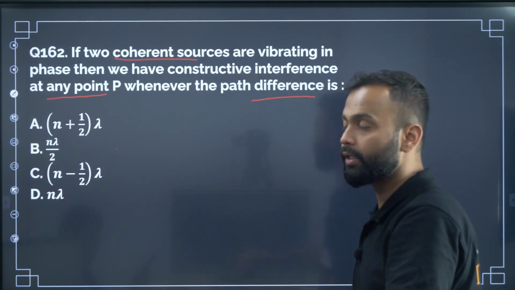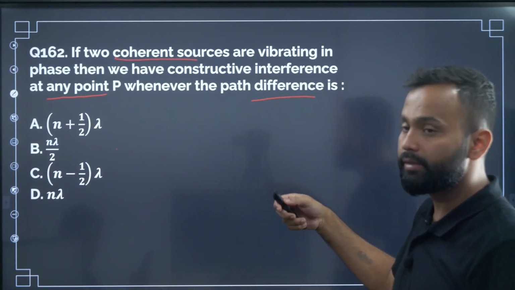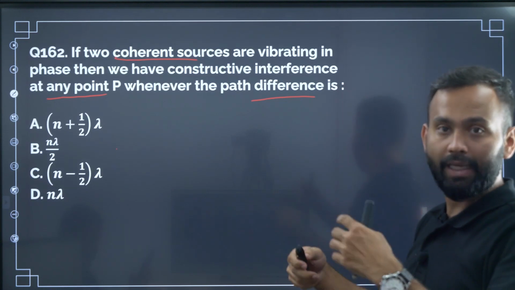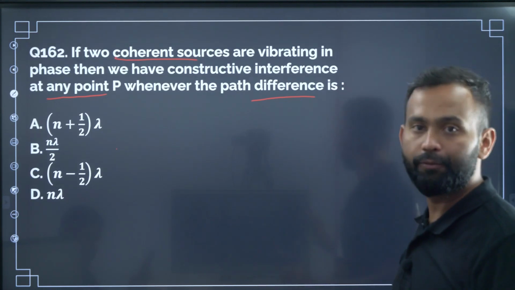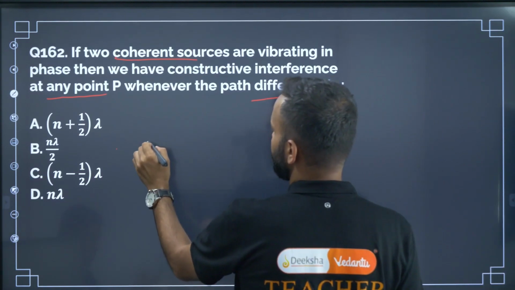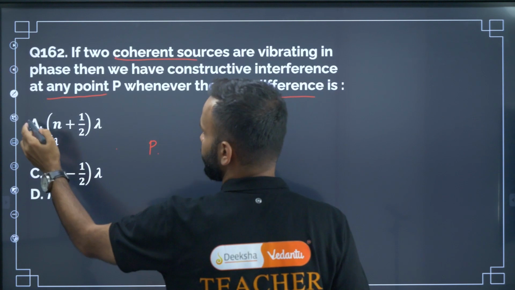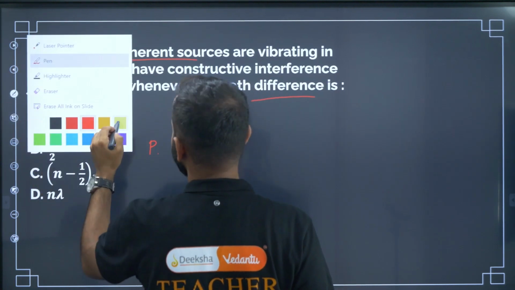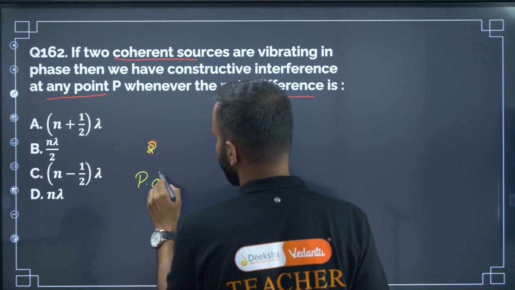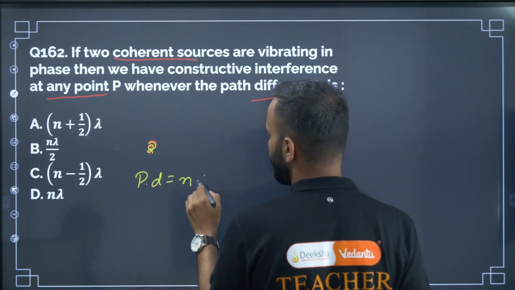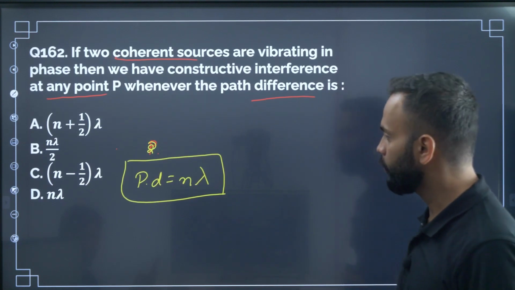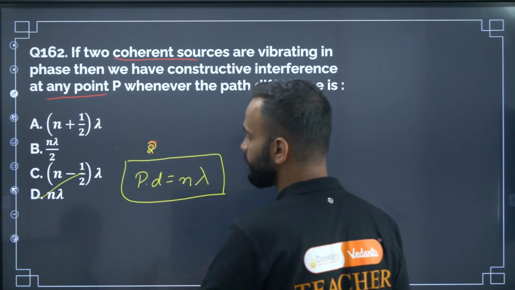Coherent sources means the sources which emit light waves with the same frequency, wavelength and phase or constant phase difference. So the path difference for constructive interference, PD, is equal to n into lambda. That's it. Direct question, memory based question. So option D is the correct answer.